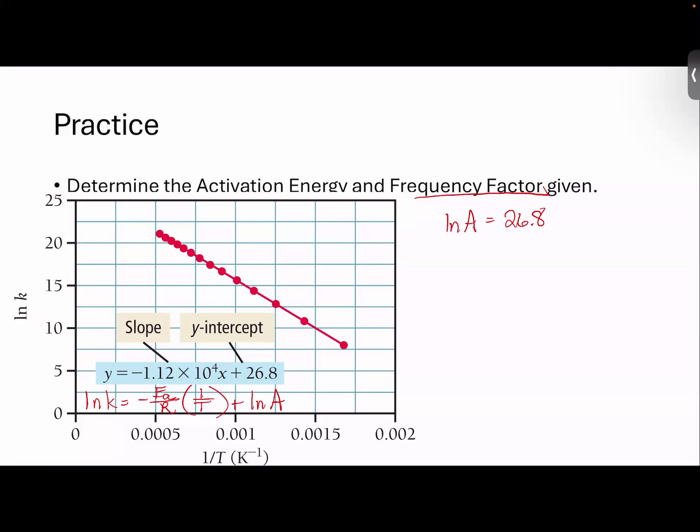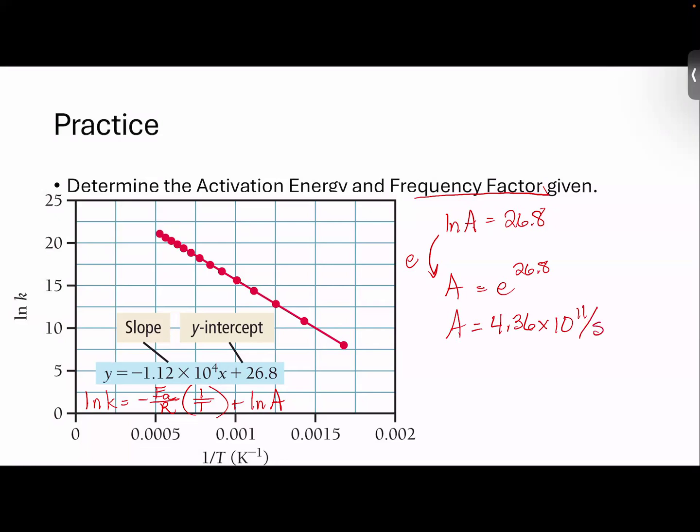The inverse of natural log is exponential, so we're going to take the exponential of both sides. And you get A is equal to e to the 26.8. So our frequency factor is 4.36 times 10 to the 11 per second.